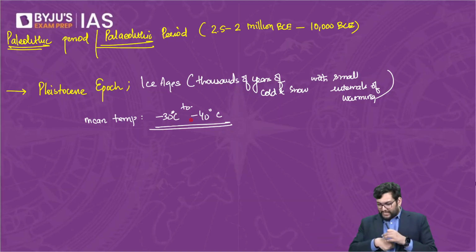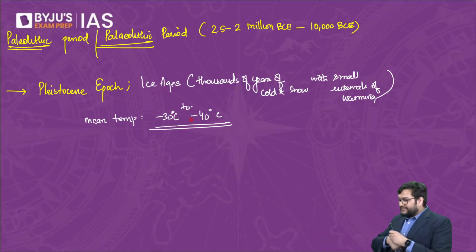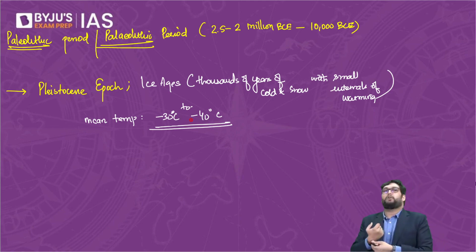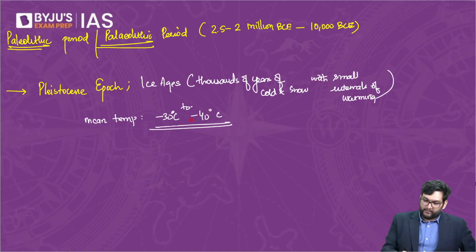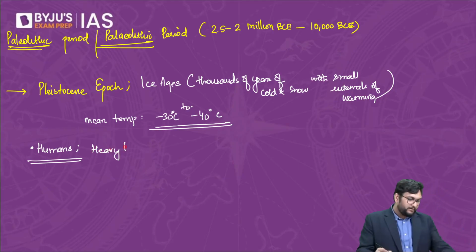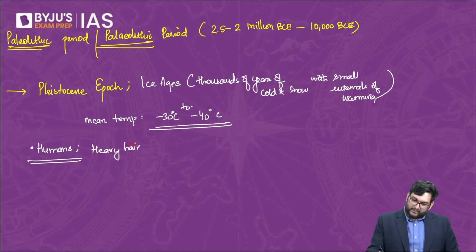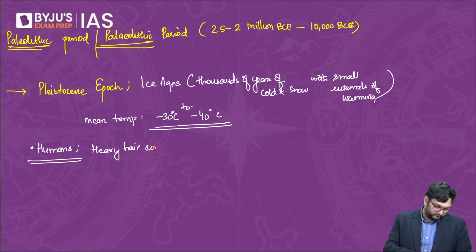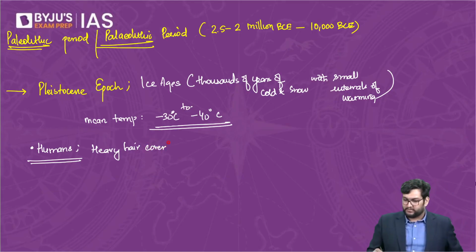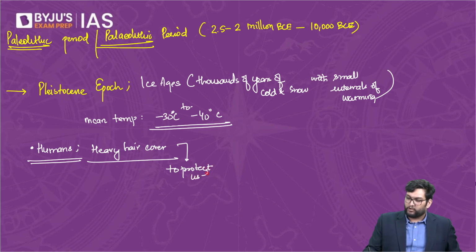The fact that we have hair is an example of the Pleistocene epoch and the ice ages. Humans had very heavy hair cover, and this is to protect us from the cold.